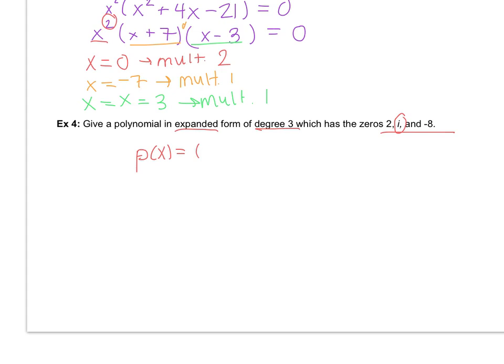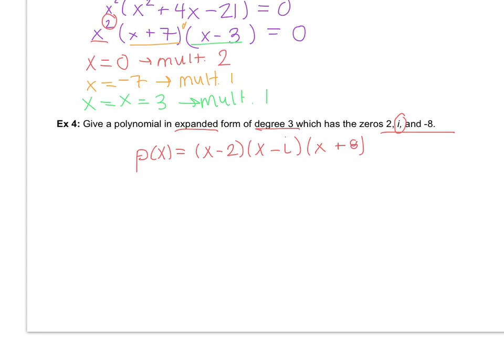So if we know that those are the zeros, then we know that our polynomial, we'll call it p of x, has to have the following factors. If 2 is a zero, then x minus 2 is a factor. If i is a zero, then x minus i is a factor. And if negative 8 is a zero, then x plus 8 is a factor. So we just want to write this in expanded form.